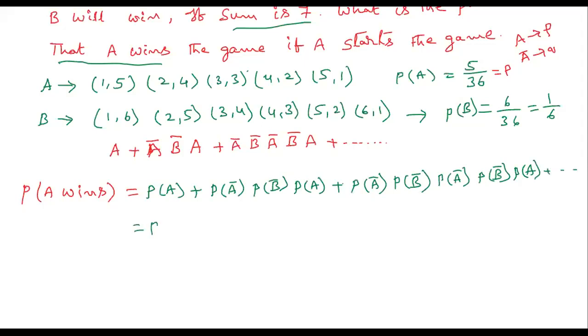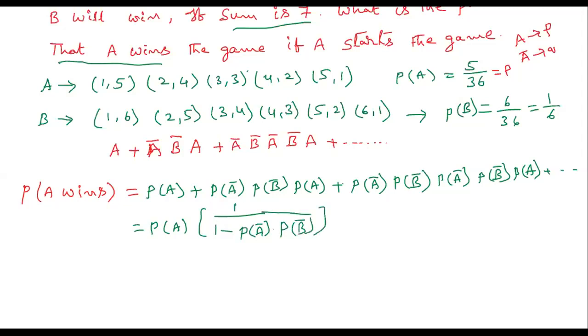Take P of A common and observe the remaining, that is the sum of an infinite GP series. So the formula is 1 by 1 minus r. The common ratio is P of A complement into P of B complement.